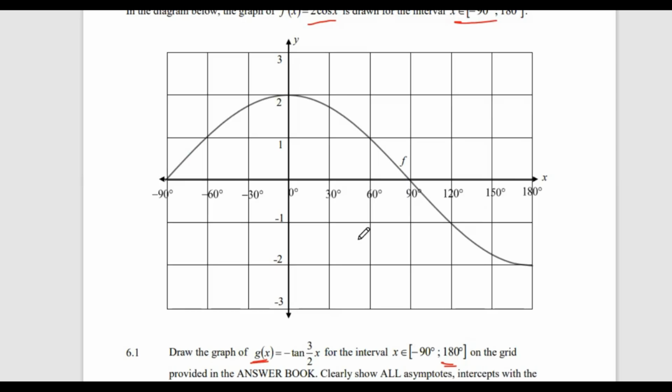What did I do wrong? Let's do it again. Table, that's the function. I'm starting at negative 90. I'm ending at 180. Steps of it. All right, so my calculator. Are you in the right mode?